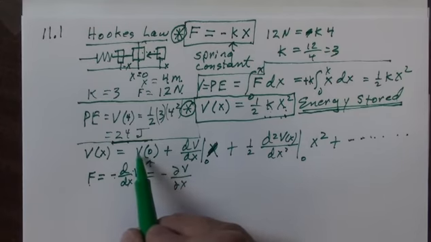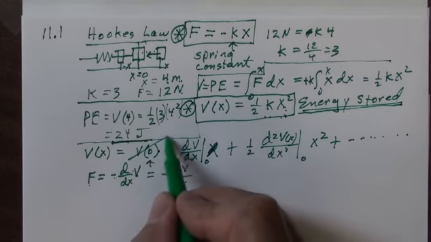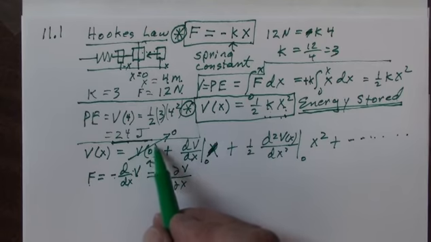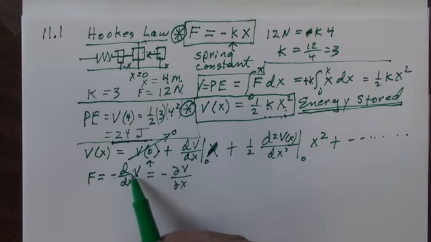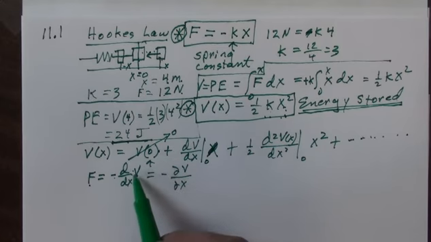Well, now, if I look at this potential, this is a potential at 0, and we can set this to be 0. How can we do that? Well, that's just the potential at a reference point. It's a constant, and it does not influence the force at all. Since it's a constant, it will not affect this derivative.